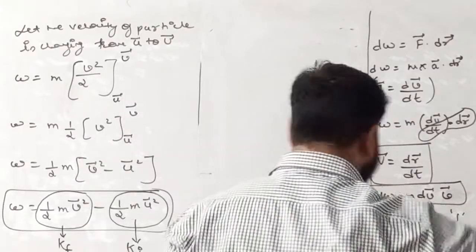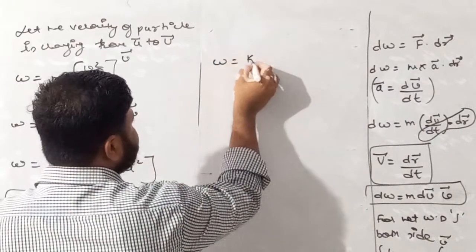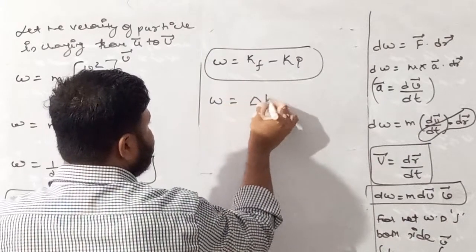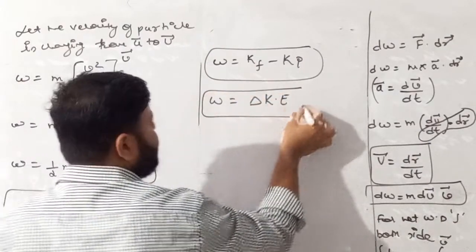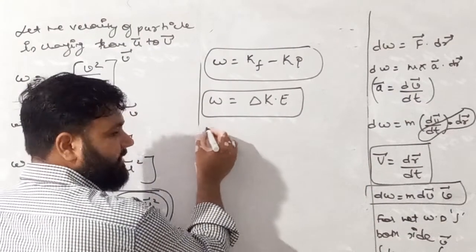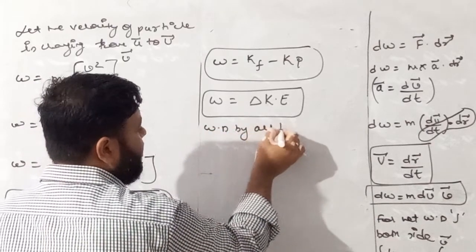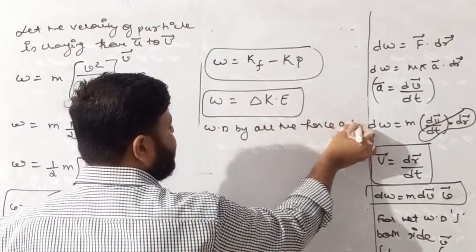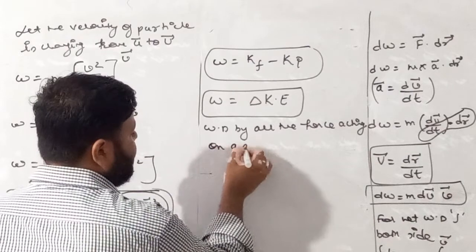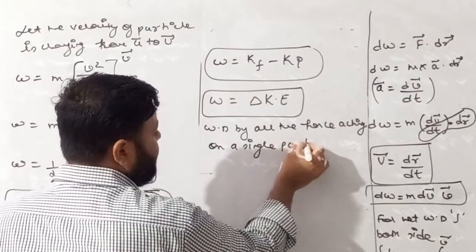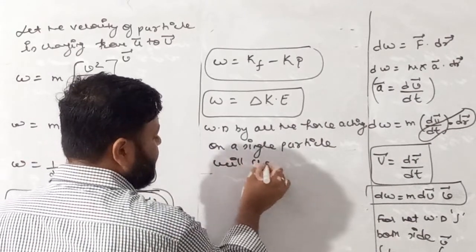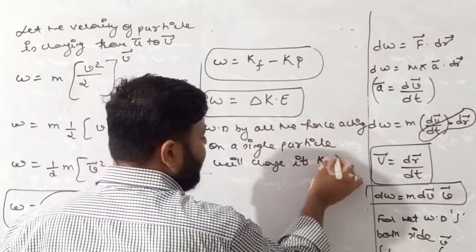So work done becomes equal to K final minus K initial, and K final minus K initial is said to be the change in kinetic energy. So what we'll say? We'll say work done by all the forces acting on a single particle will change its kinetic energy.